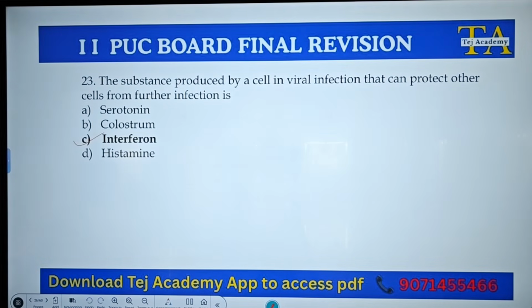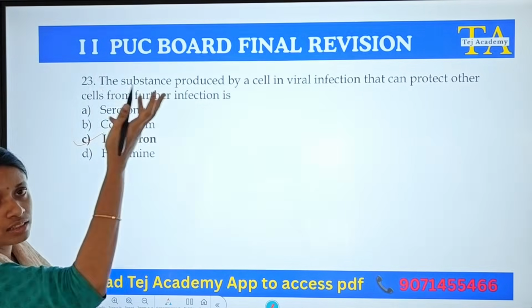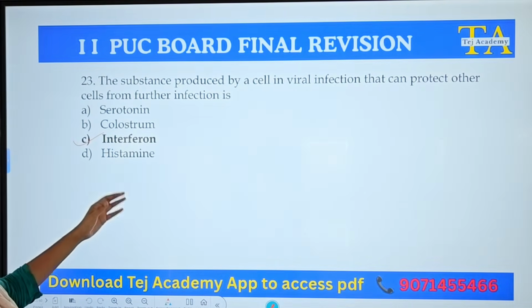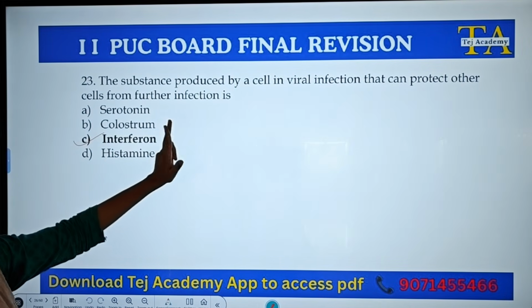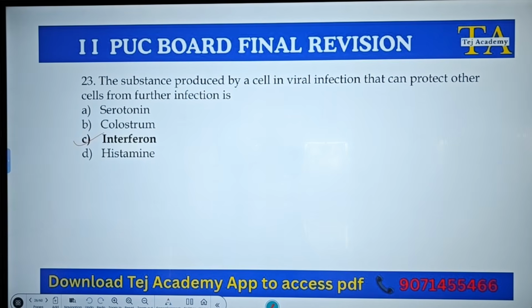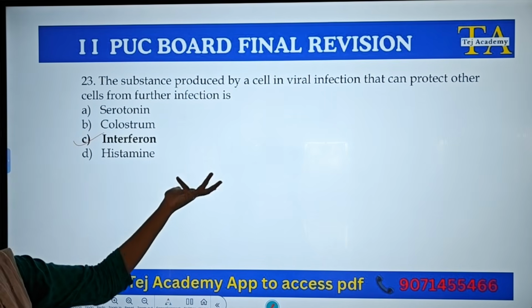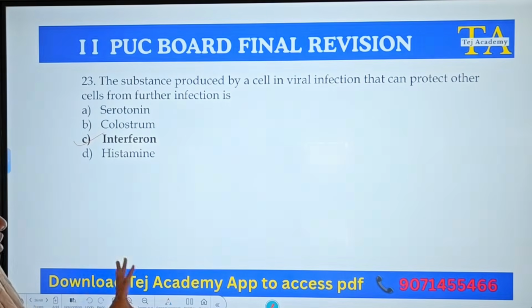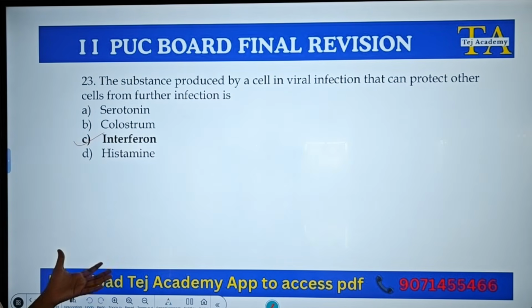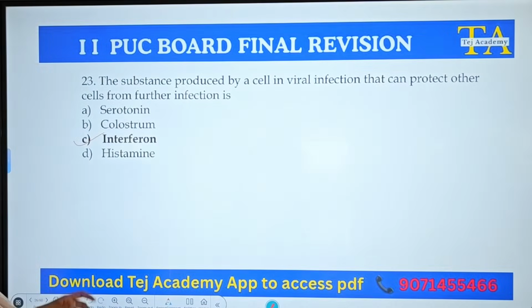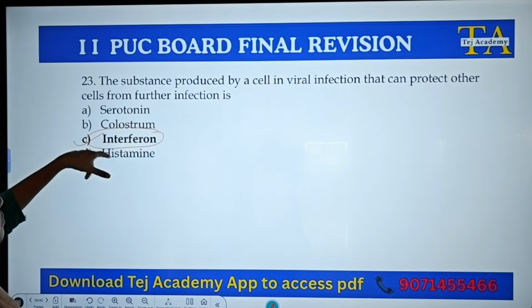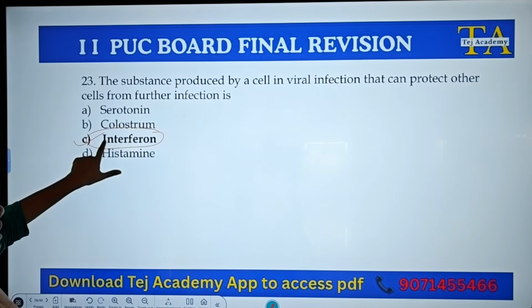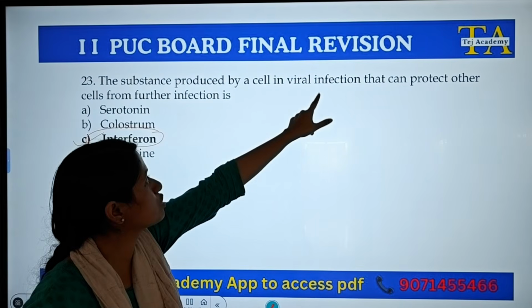Okay, because if we use the elimination method, serotonin is a hormone or compound that is produced from the brain, and colostrum is the first milk produced in lactation, and histamine is another compound that is there as a result of allergy. So only this thing does not belong to any of these categories, and this is the answer for this question.